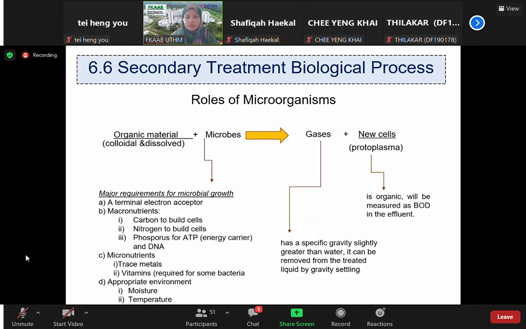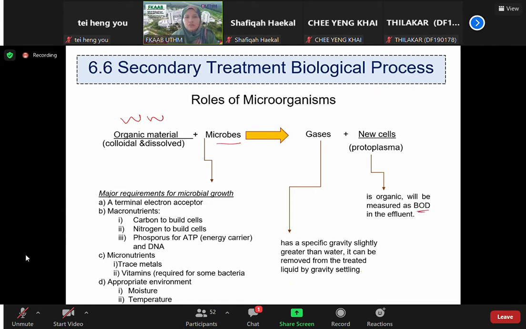So organic matter is our wastewater, and microbes are some of the good bugs that we have in our wastewater treatment plant. These are the major requirements for microbial growth, because these microbes degrade the organic matter. By this reaction, it is converted to gases and also new cells.